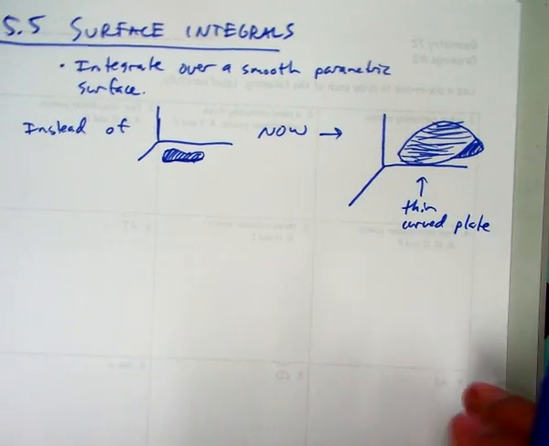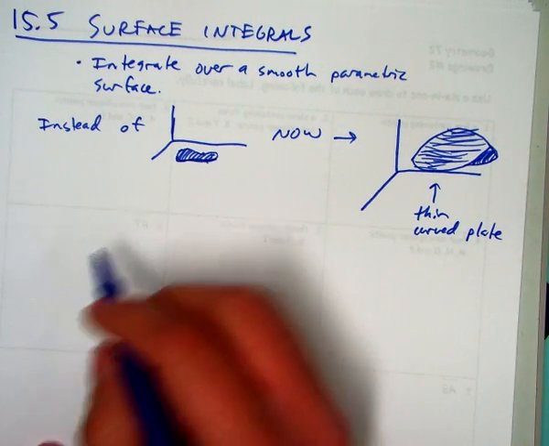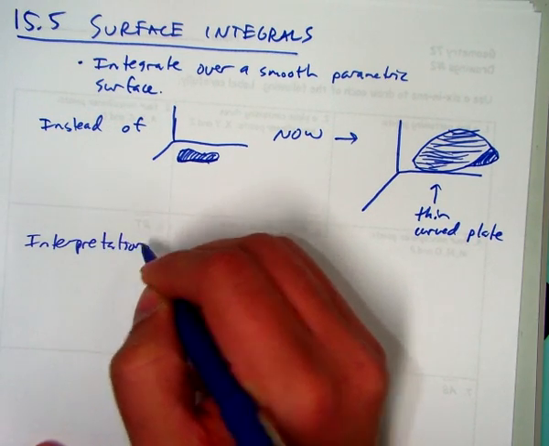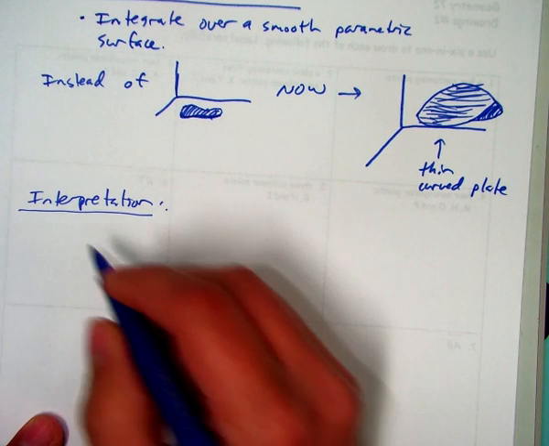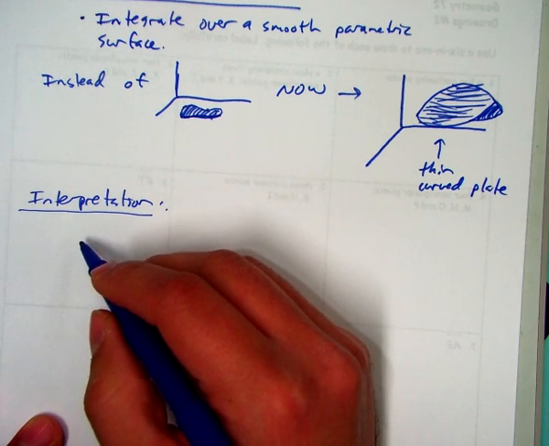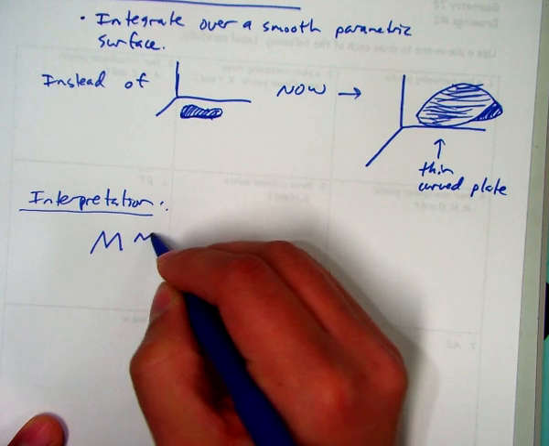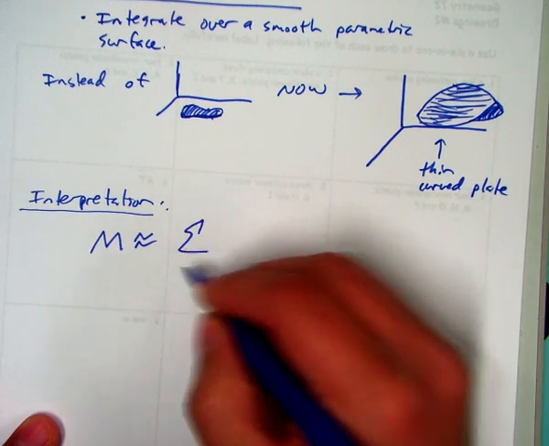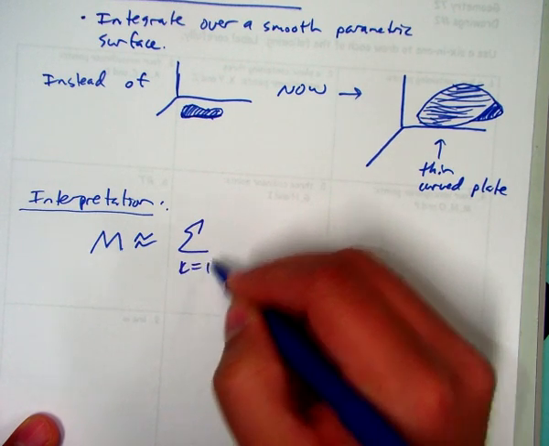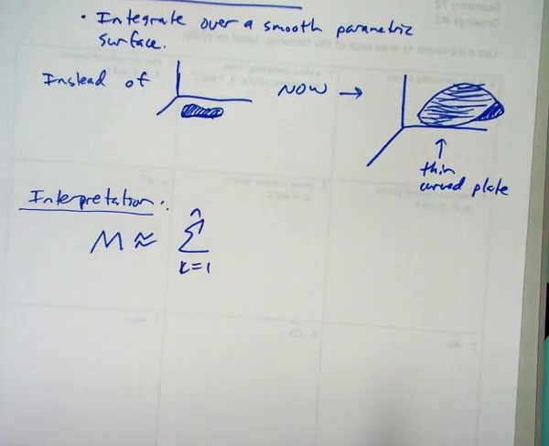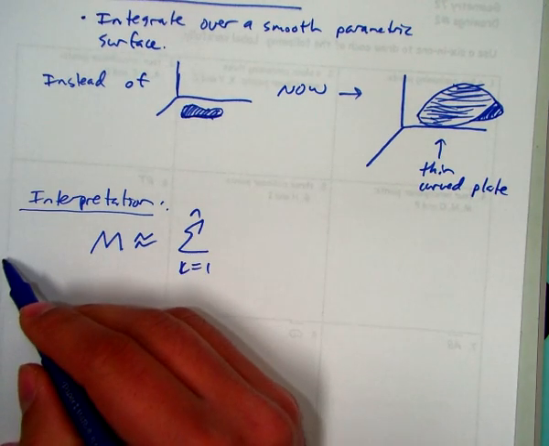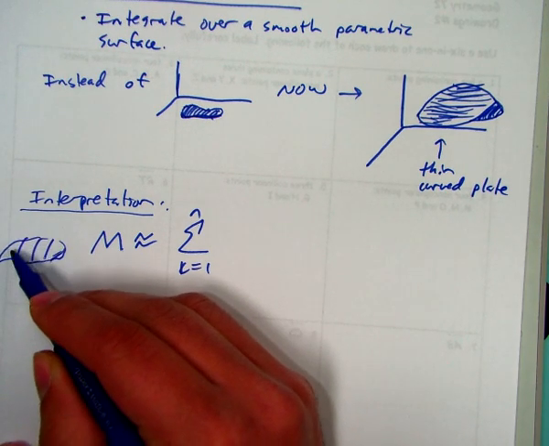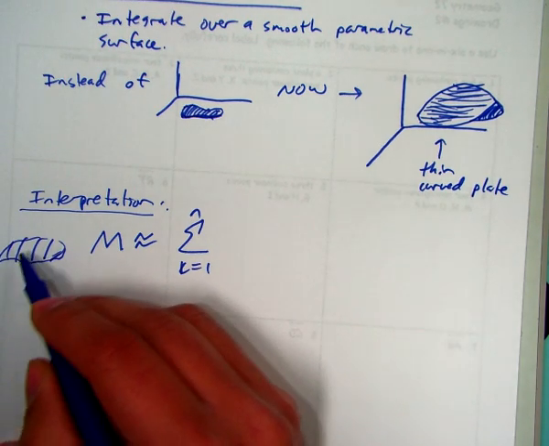Okay, now how do we do that? So first let's start with an interpretation, which is that we could approximate the mass, kind of like what we did earlier, by taking the sum of, let me redraw this, each little piece.